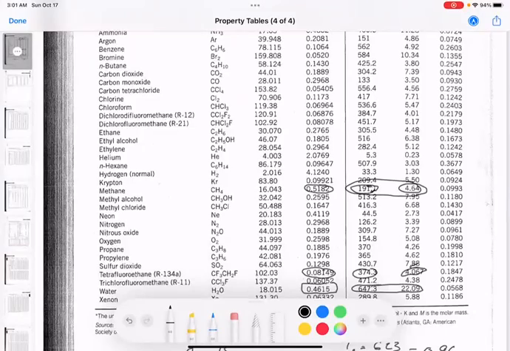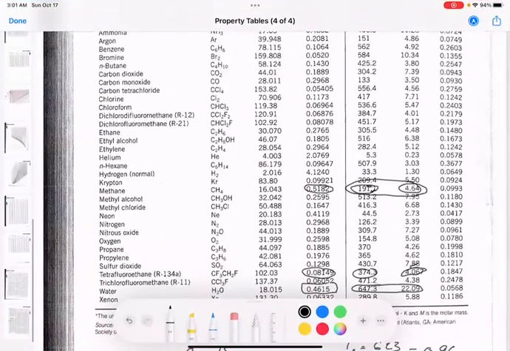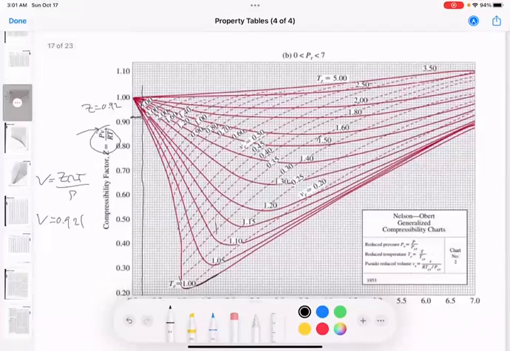So it's 81.49, and the temperature we said was 353. All of this divided by the pressure of 0.8 times 10 to the 6.